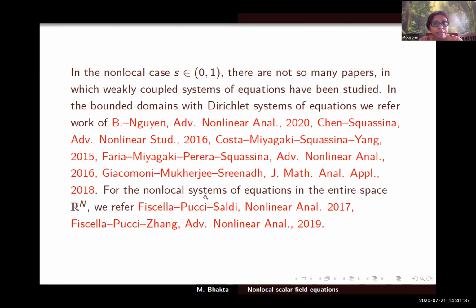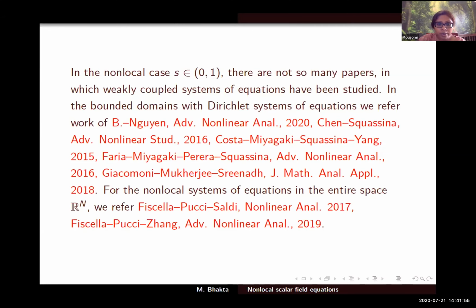For the non-local system of equations in the whole space R^n, there are, as I said, very, very few. We refer to Fiscella, Pucci, Saldi 2017 and Fiscella, Pucci, Zhang 2019.